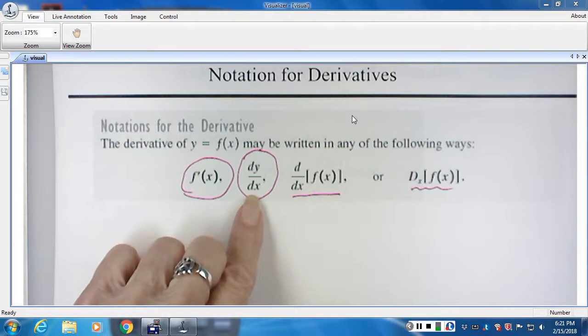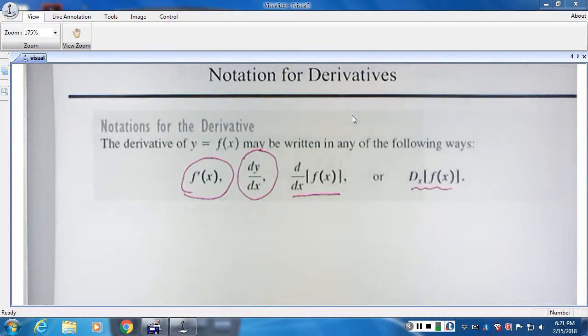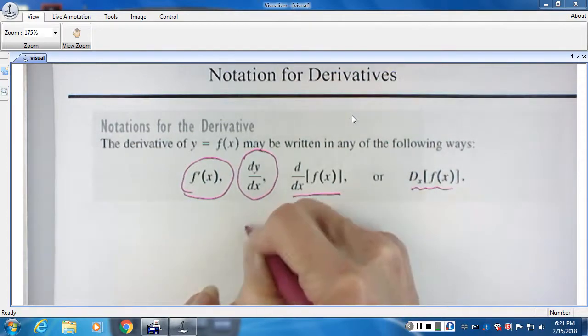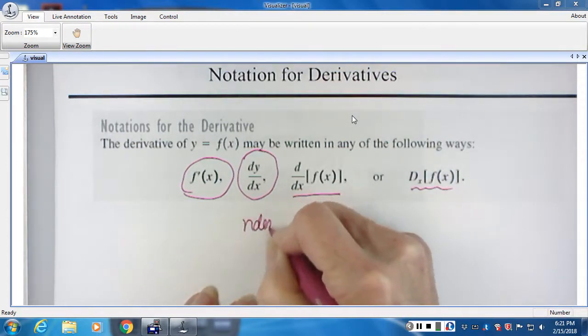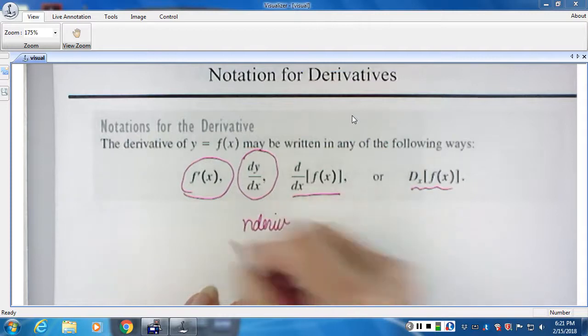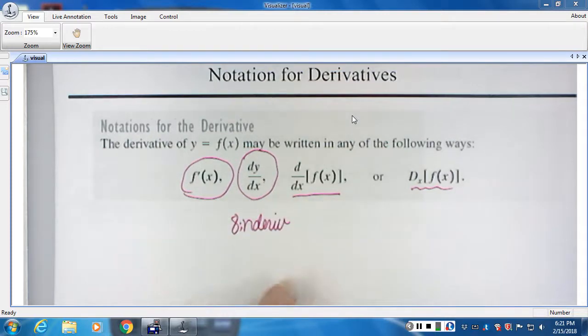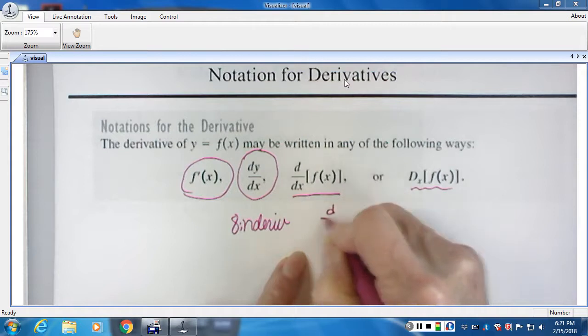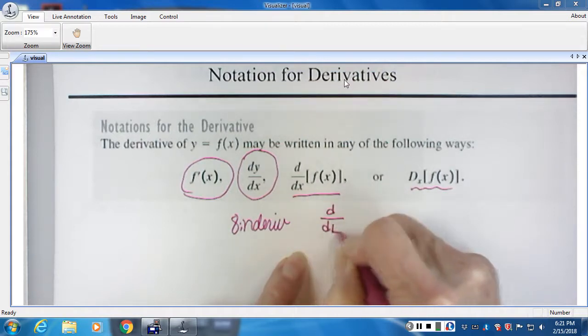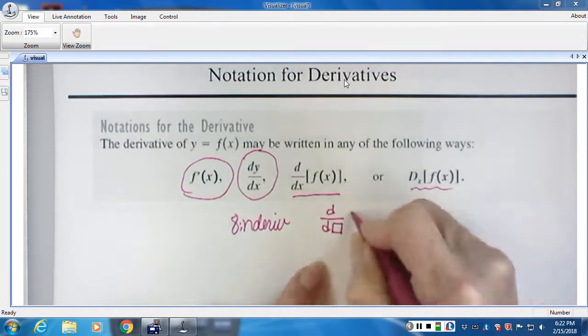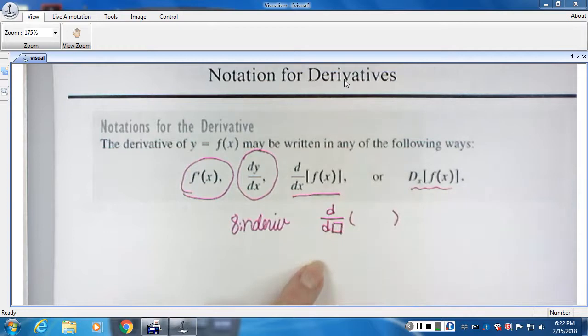And it will help us to understand that more because those of you that have a TI-84 calculator, when we do n derivative on your calculator, that's choice number 8 on your math menu on the TI-84, the first thing you're going to see is d over d in a box. And then in a set of parentheses, you're going to need to enter whatever f of x is, the function.